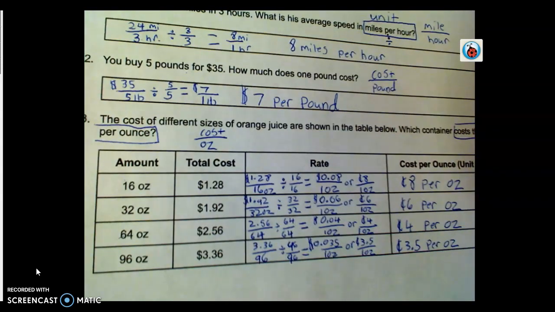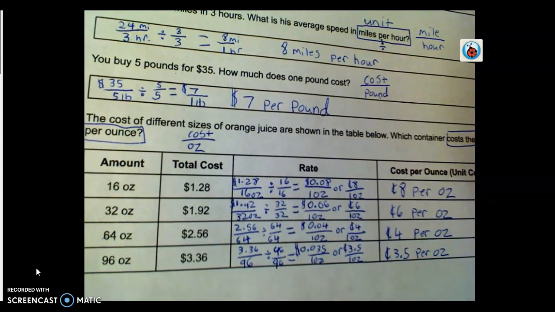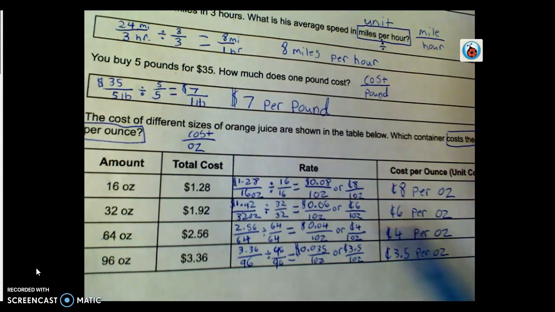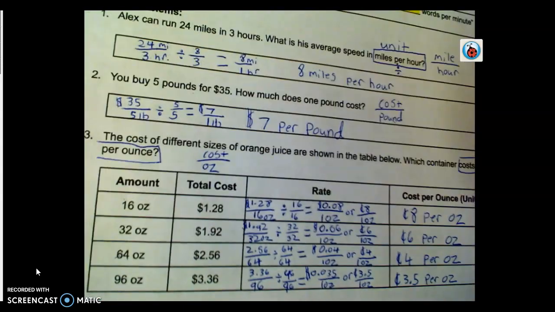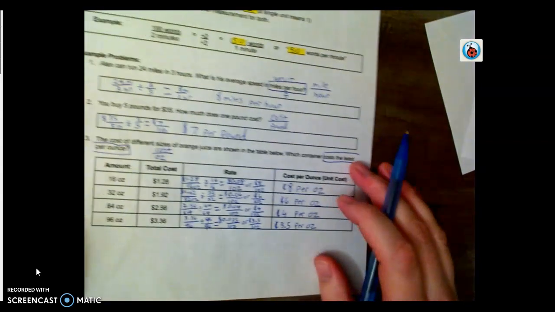It's just if we're trying to figure out which one makes more financial sense, we're getting a better bargain getting the 96 ounces because we're only paying 3.5 cents compared to the 64 ounces where we're getting 4 cents per ounce.